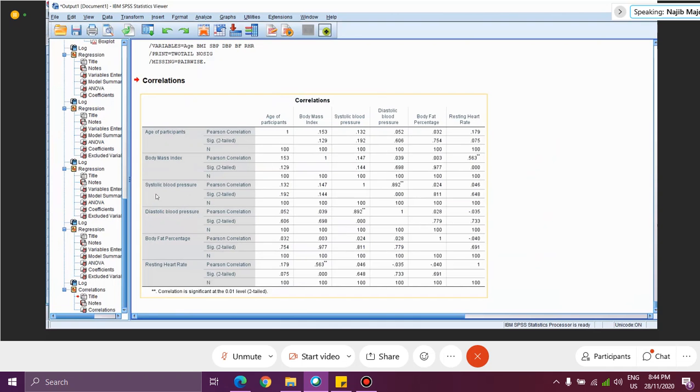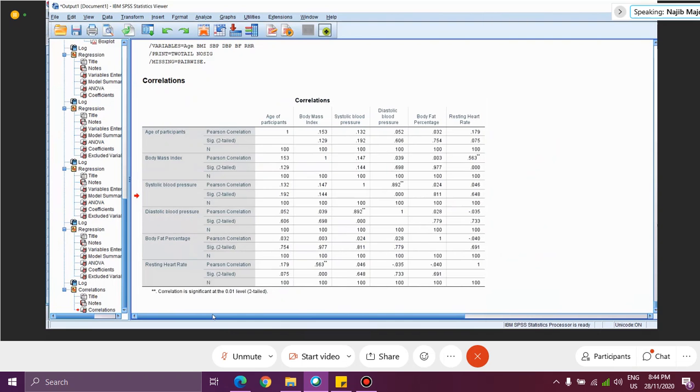Okay, body fat percentage is correlated with age, BMI, systolic blood pressure, diastolic blood pressure, and also resting heart rate. So in fact, if your model contains body fat percentage, it can have high correlation with all other variables. Okay, this is one of the methods to determine multicollinearity.